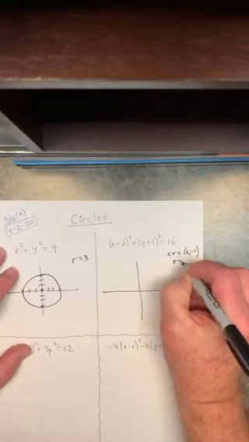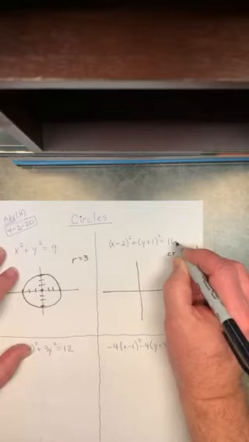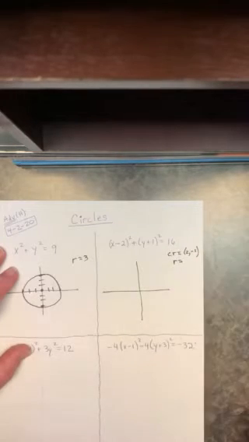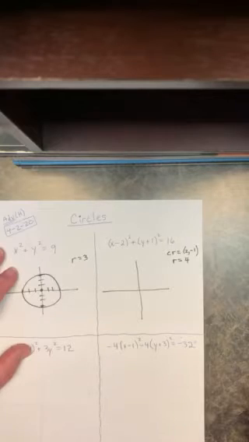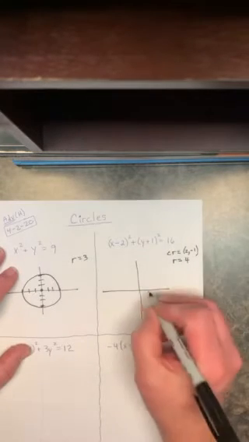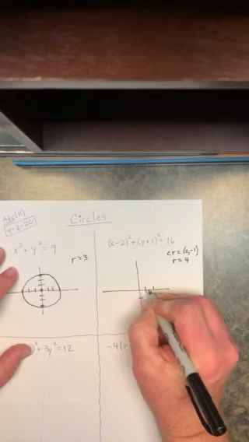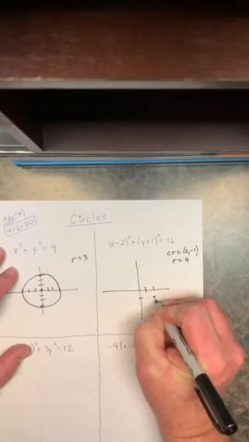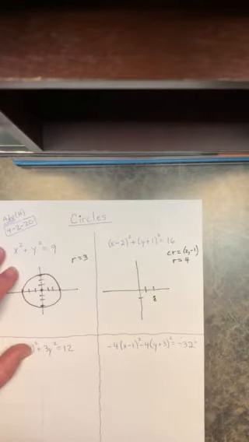The radius, of course, is the square root of 16, because what number did you square to get 16? My radius is 4. I have everything I need to draw that circle accurately. I am indeed going to go right 2 and down 1. I'll put a little C for the center.